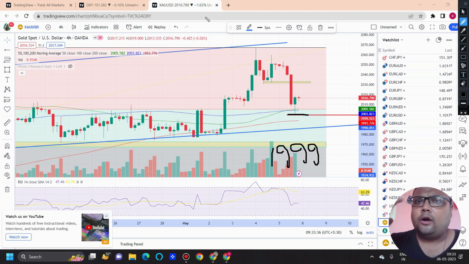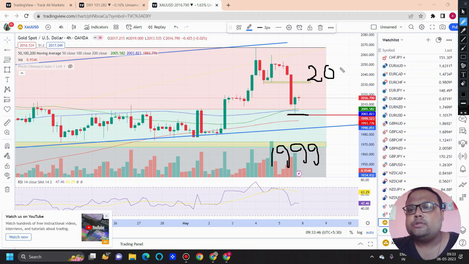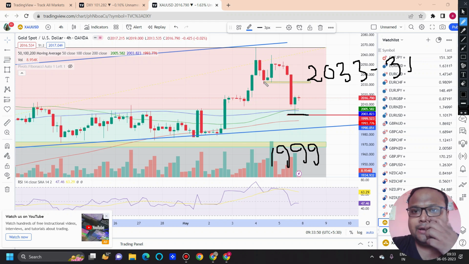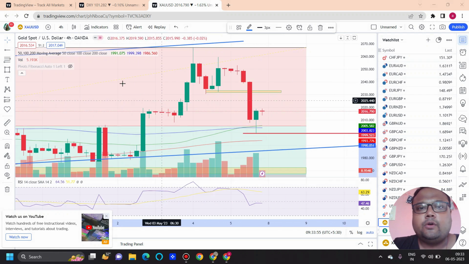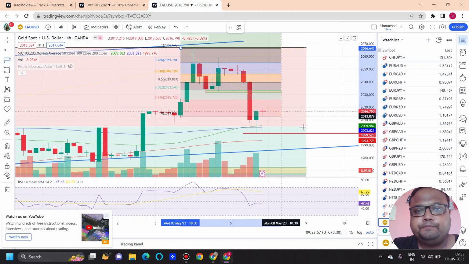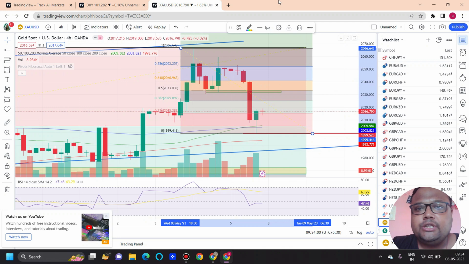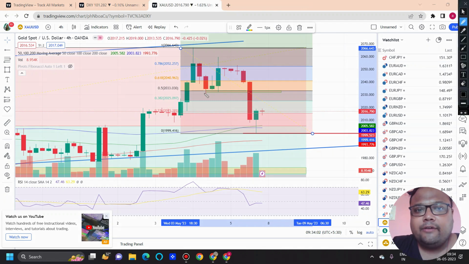That is also one of the trading opportunities on the chart of gold if the market shows a downside on Monday. On the other hand, if you see that the market is going up on Monday after the market opening, then we have some selling opportunity around 2033 to 31. This is one of the levels where you can expect the market to face some selling pressure. If you're wondering about the reason, if we draw Fibonacci here, you can see that we not only have the Fibonacci 50% retracement around this area, but this level also acted as previous support.